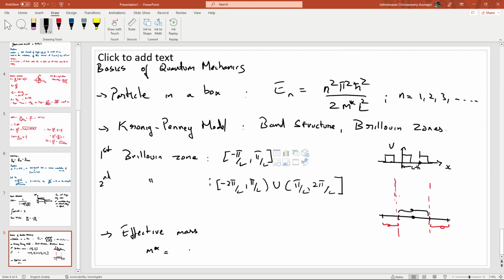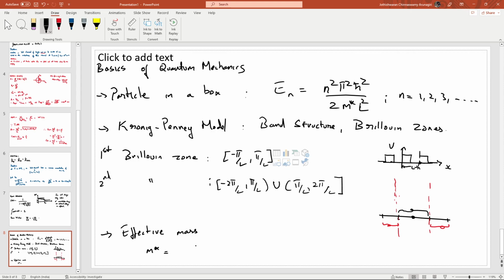At least at the bottom of the conduction band. Yeah, you can find this by the formula energy is equal to h square k square by 2 m star.